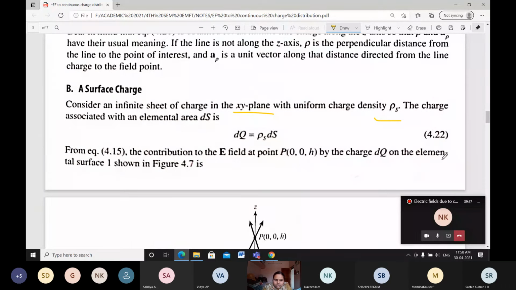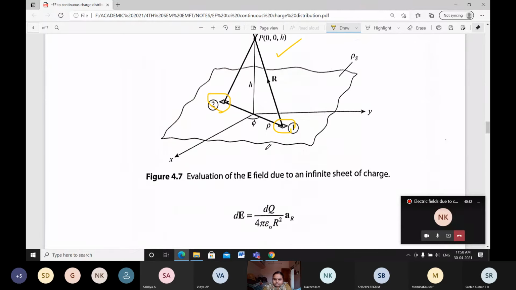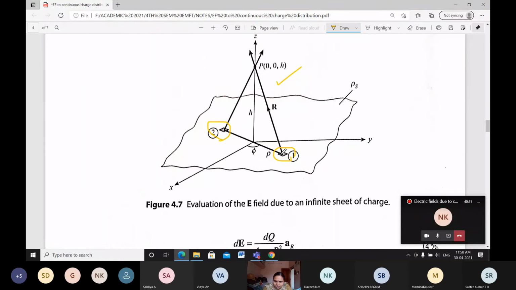By the charge dq on elemental surface 1 and elemental surface 2, the two point charges are placed on elemental 1 and elemental 2, and these two charges give the electric field intensity at the point P. This is how you have to take the theory for this, then the evaluation of the field of the infinite sheet of charge, based on how these point charges give the electric field intensity at point P.